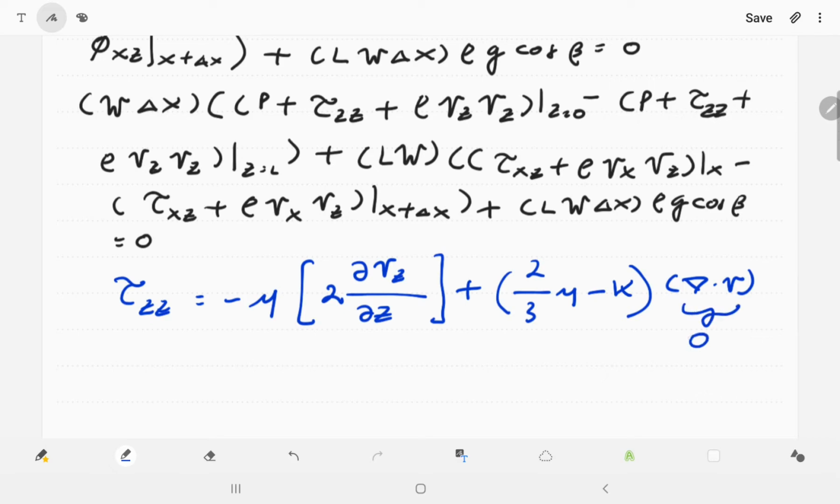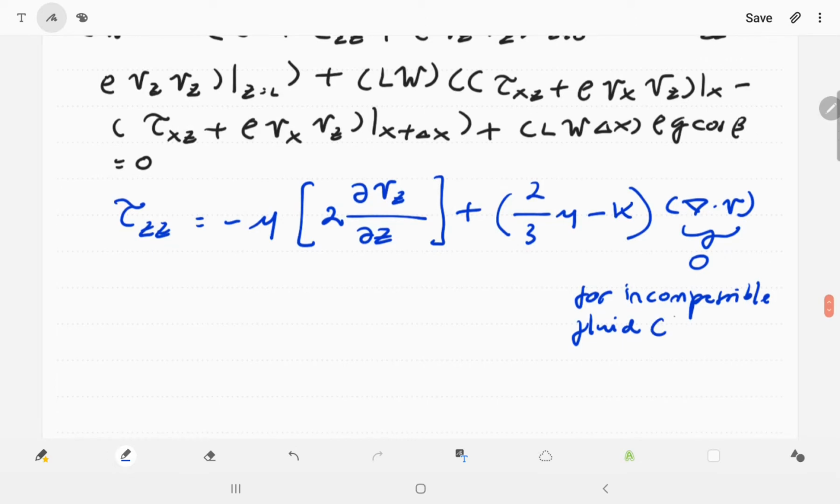This one will be 0 for incompressible liquid. Oh, sorry, this is an incompressible fluid, such as liquid. Those that are compressible are normally gases.